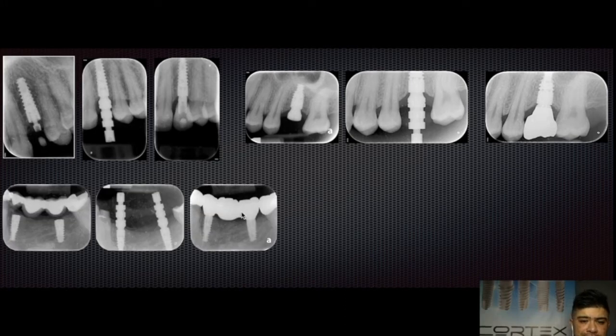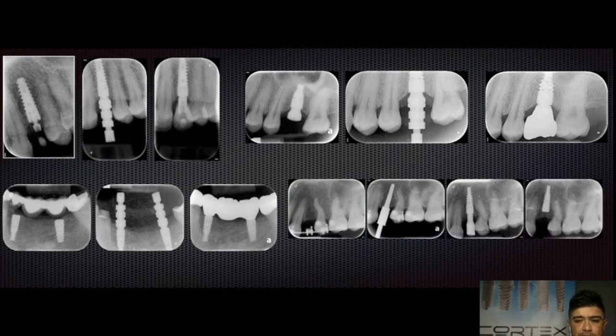Also in this case, when you have a bridge, from the insertion of the implant, through the impression time and the final restoration, you see that the bone is very stable.